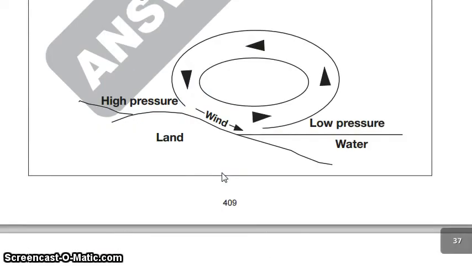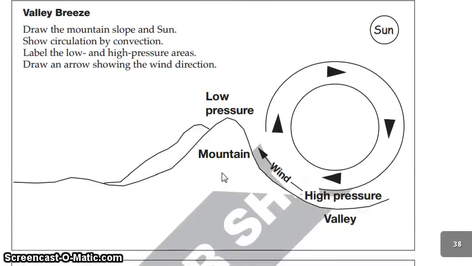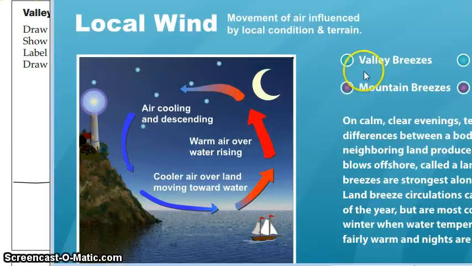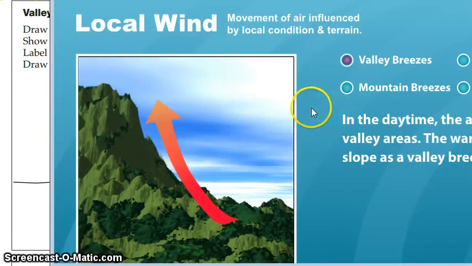One of the next things we looked at was a valley breeze. In this case we're looking at a mountainous slope, and in the daytime we're going to have the sun heating up the air, and it's going to be rising out of the valley up to the top of the mountain. And looking at a little bit more animated picture of that.